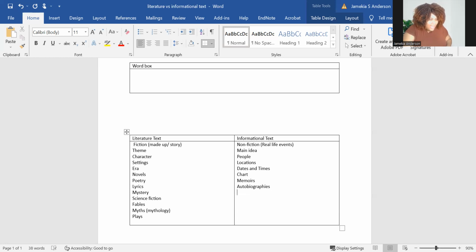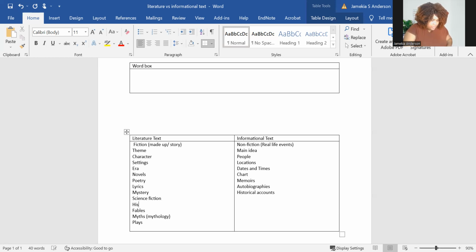Okay. Historical accounts. And make sure you explain the difference, because even here there are historical accounts and then scientific, and they also have historical fiction.